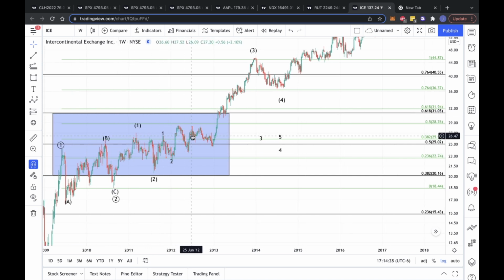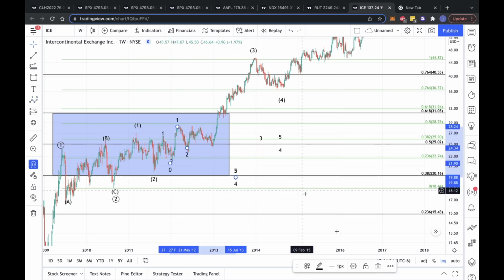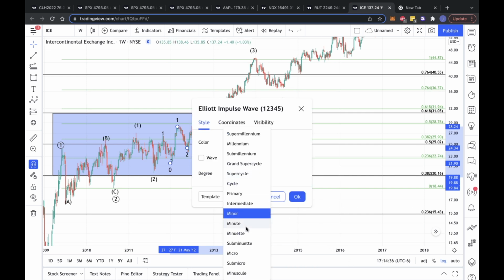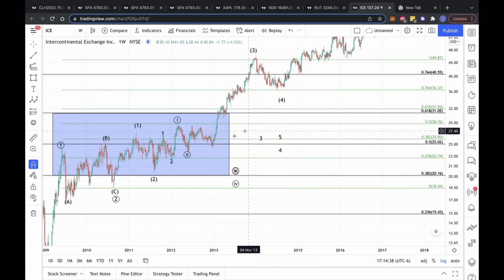And even here, we have another potential 1-2. And even here, again, another 1-2.